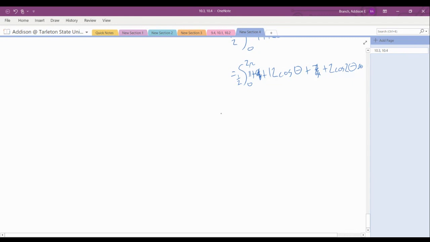So now we can go ahead and integrate. So we're going to have 11. If we integrate that, we're going to get 11 theta. Then 12 cosine of theta. If we integrate that, the integral of cosine is going to be sine, so 12 sine of theta.